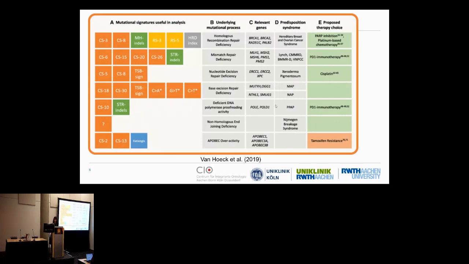Why do we care about mutational signatures? What's been shown in the literature is that mutational signatures have relations with underlying mutational processes, and they have more explanatory relations with underlying genes and predispositions and syndromes. They may also have more potential in indicating what's a promising therapy choice for a particular diagnosis.